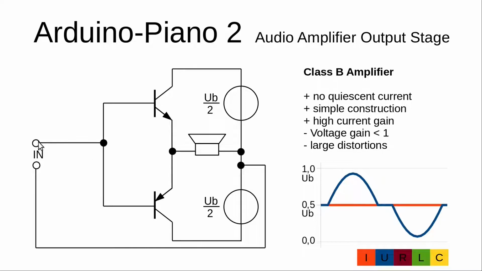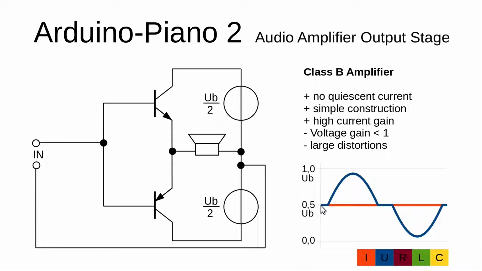And the same on the low side. If the voltage decreases below minus 0.7 volts, this transistor will open and current will flow, and the emitter of this transistor will also follow the base and the input signal with a difference of 0.7 volt.